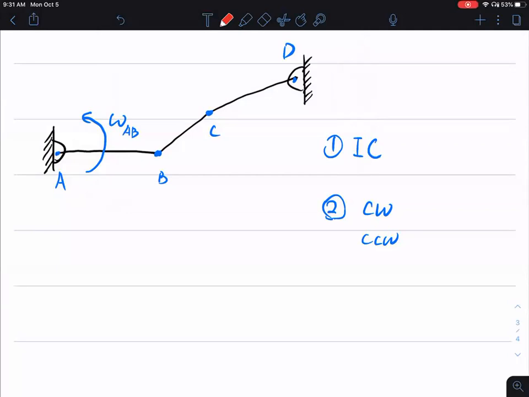Okay, where's the instant center for AB? Which point? Point A. That's an easy one. IC, AB. Where's the instant center for CD? Which point? Do we have any question that point D is the instant center for CD?